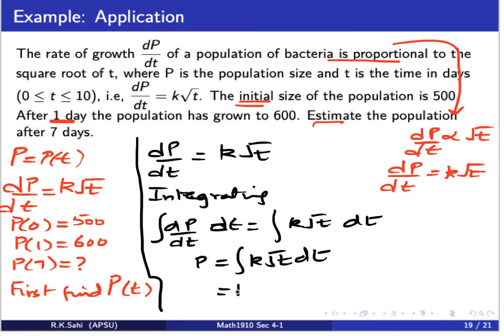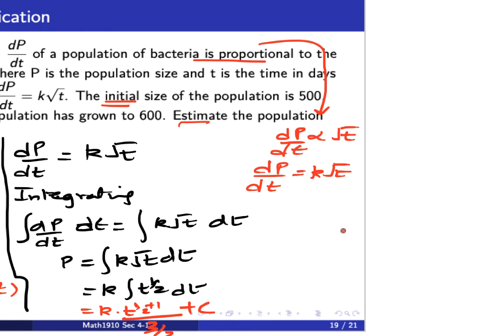Now we're just going to take the integral. k is a constant, so it goes out. The integral of square root of t is t to the power half dt. So when you solve this, it is k times t to the power half plus 1, which is 3 halves, plus c. Let's write it down first.